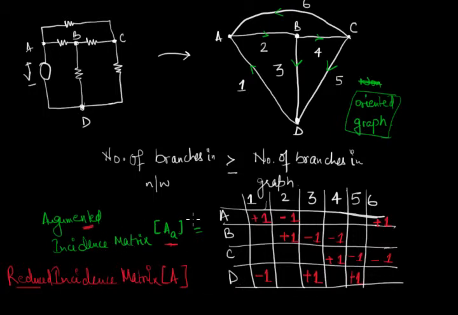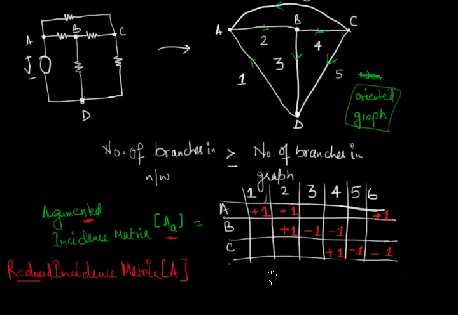In this matrix we do not mark the reference node. The node is defined but we don't mark it in the matrix. What we get is called the reduced incidence matrix.